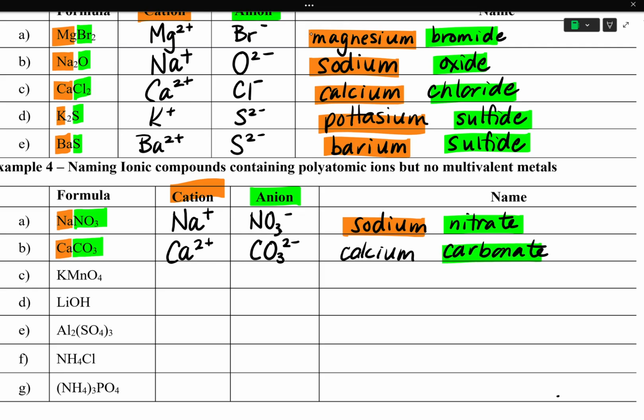If you think you know what you're doing, move at your own pace. I'll do one more example, and then I'll have you guys do the other ones on your own. So first element is K, potassium, K+. Looking at the next, we have more than one nonmetal, so it's a polyatomic. So go look it up on your table.